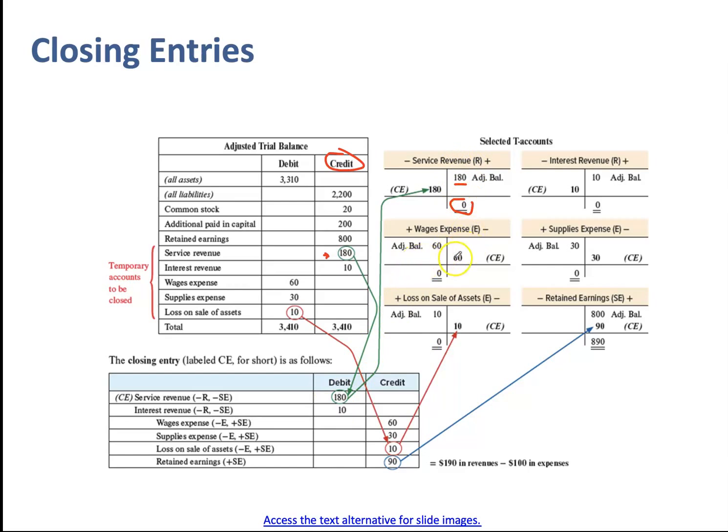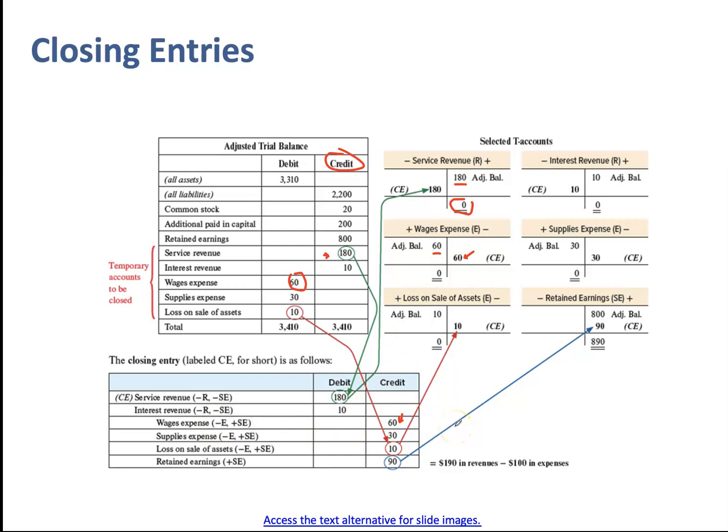Similarly, when you like to close an expense account, which normally has a debit balance, here the wage expense, $60 on the debit side. If you want to make the debit side go to 0, you would credit the same amount to make it go to 0. So I would credit the wage expense for the same amount.